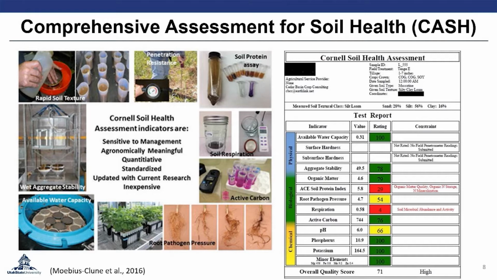The CASH also uses soil respiration on a 96-hour test, whereas the Haney test uses only a 24-hour, just for your reference there. It also has a root pathogen pressure test, where they take a large sample of your soil, plant whatever crop you're going to be growing in there, and then test that for root pathogens.